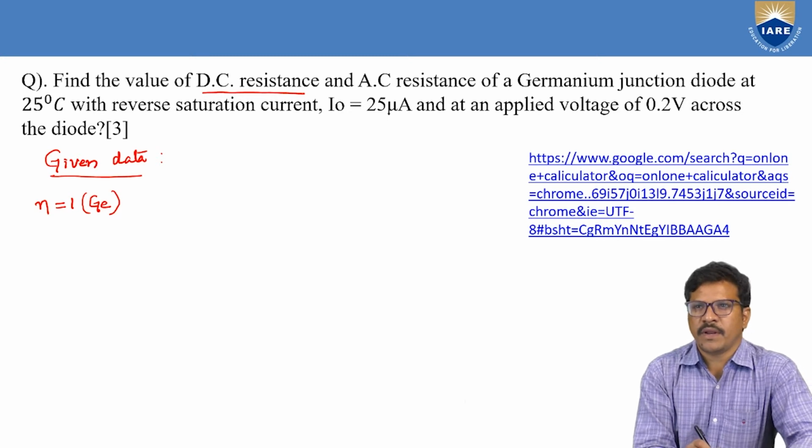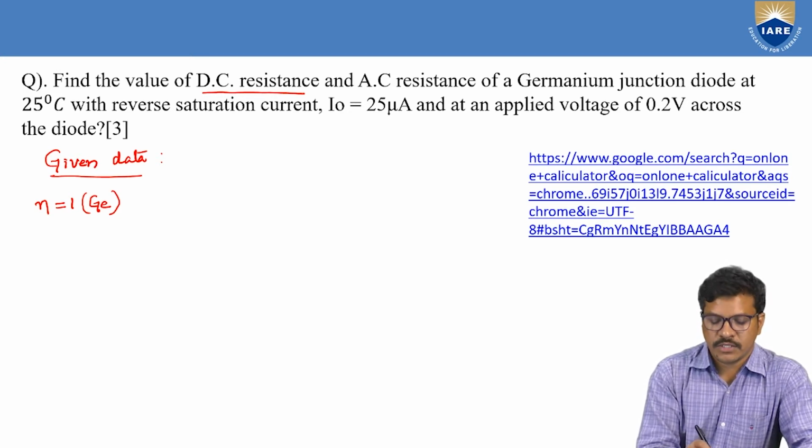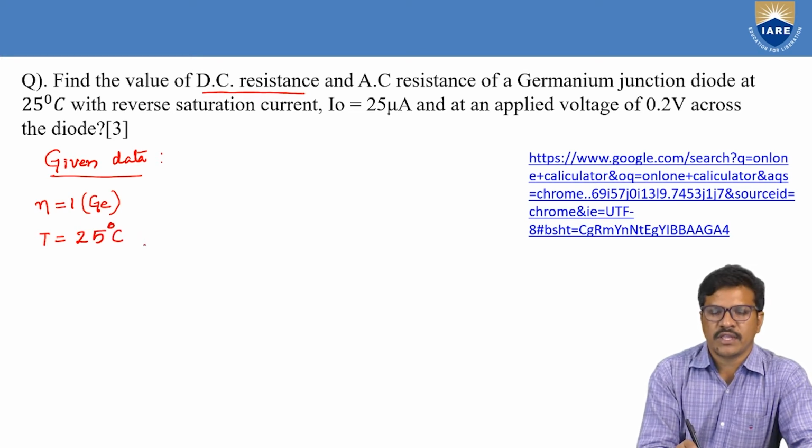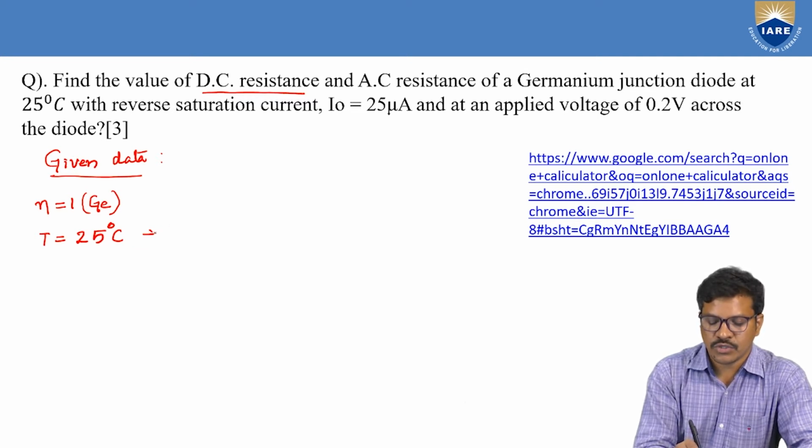The temperature T is the applied temperature, 25 degrees Celsius. In the formula Vt is equal to T by 11,600, T is always measured in Kelvin, so we need to convert degrees Celsius into Kelvin.